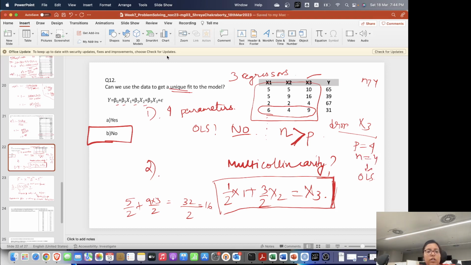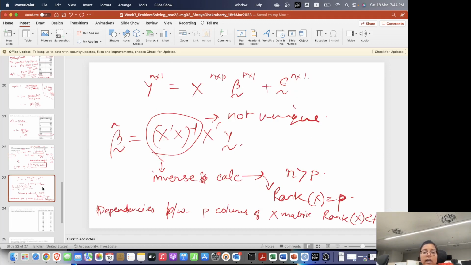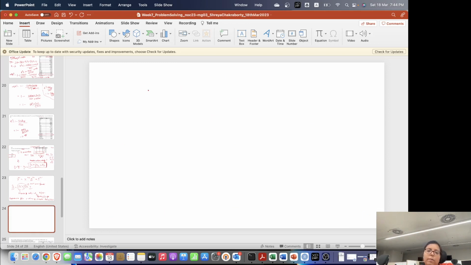Now another question is, how would we know? Because here by looking at it, I know, it is readily noticeable to me. But if it is not, then what will I do? So let's say we have beta naught plus beta 1 x1 plus beta 2 x2 plus beta 4 x4 plus epsilon, let this be the model. This is y1, 1, x11, x21, x41, epsilon 1.